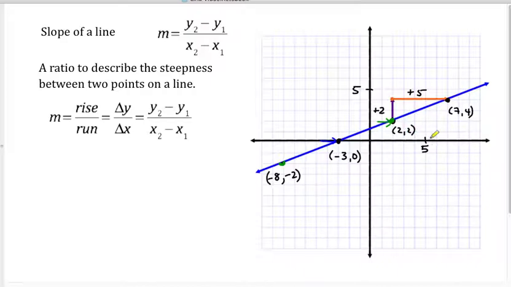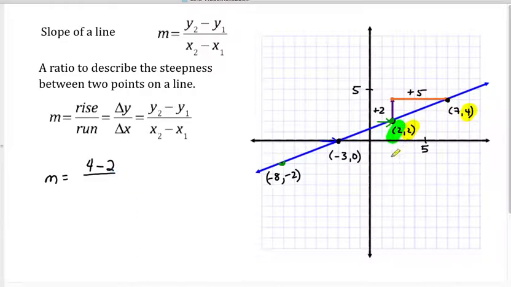Remember that the y values are the second, right? How do I get from this y value to this y value? Remember that distance is the same as difference. So I could just subtract. So I want to go from 2 to 4. In other words, I want to know how far it is between those two points: 4, take away the 2 that I started from.